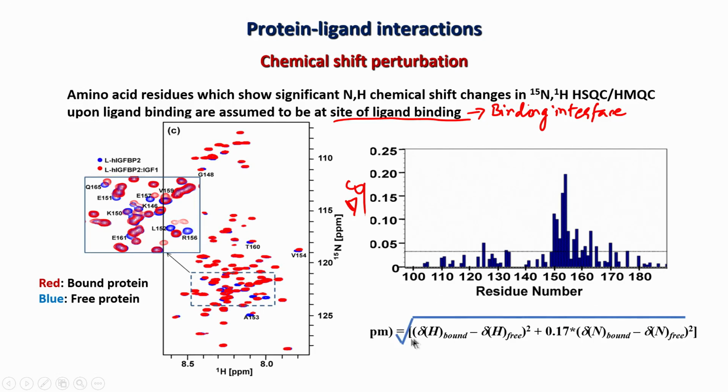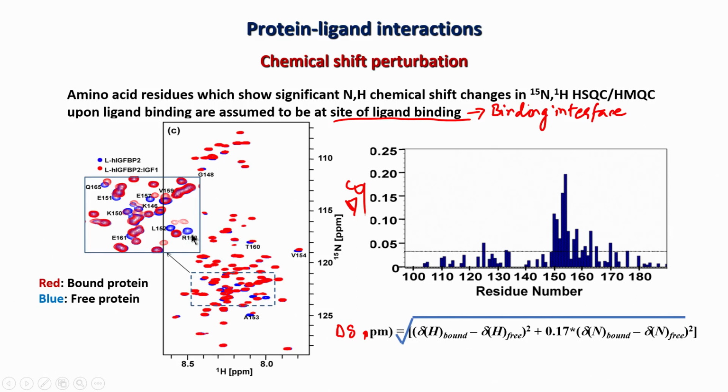So, for example, this change delta delta in ppm scale can be calculated like this. You take the chemical shift of the proton in the bound form minus the chemical shift of the proton in the free form for a given amino acid.